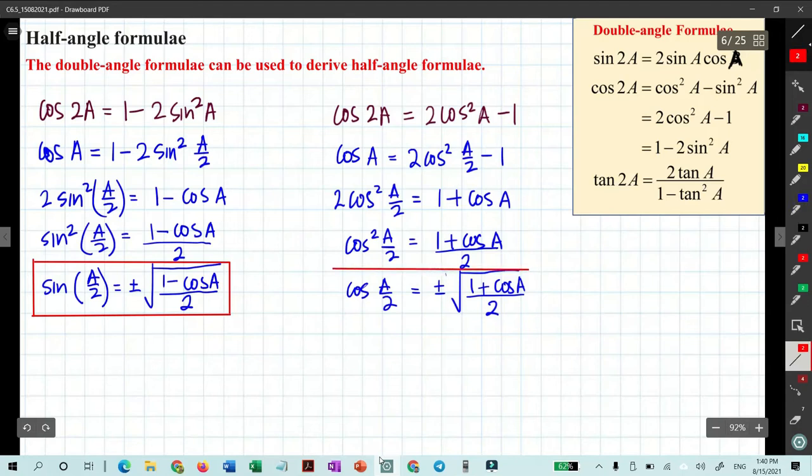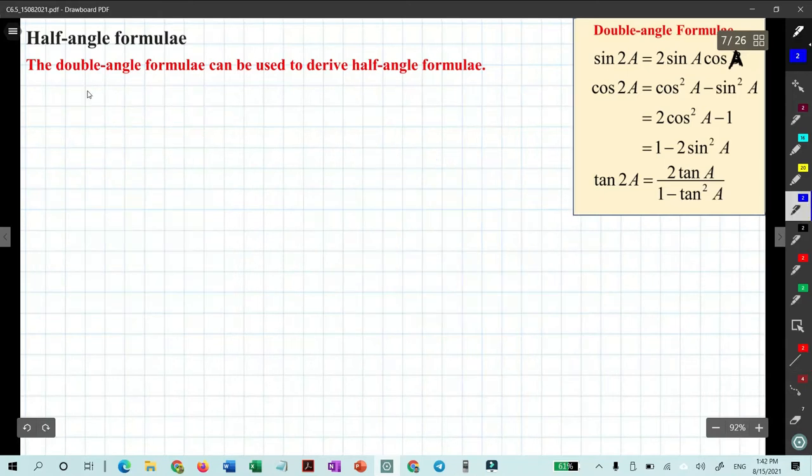Okay, we already get the half angle formula for cosine.